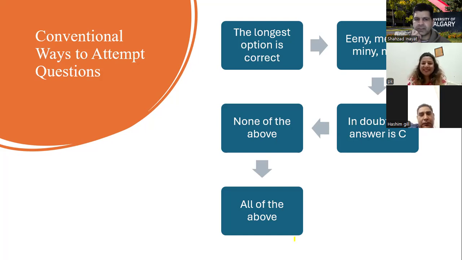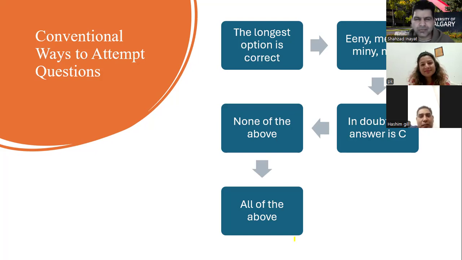Oh, that's great. And remember, none of the above or all of the above can be a right option, but it's not that you never need to choose it. If this is the right option in your question, you need to choose it. But I was explaining this because if we are not aware, we will think, okay, I don't know, probably the right answer is none of the above, so let's go with this one.